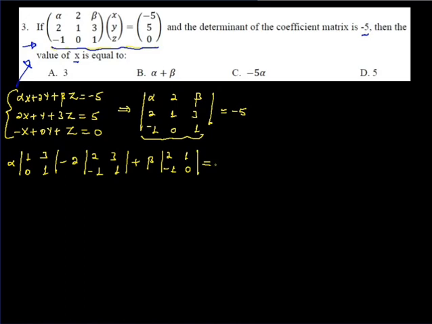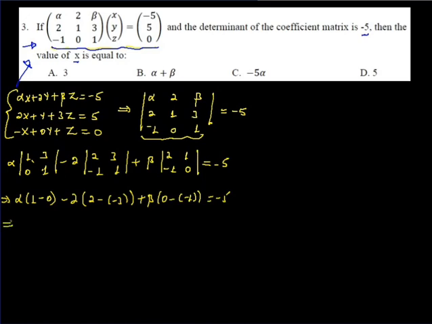So this value is minus 5. So let us calculate each of them separately. So this means alpha into 1 times 1 is 1, 1 minus 0 is 0, minus 2 times 2 minus of minus 3, plus beta into 0 minus of minus 1 is minus 5.